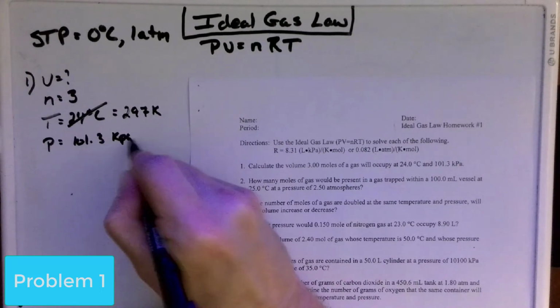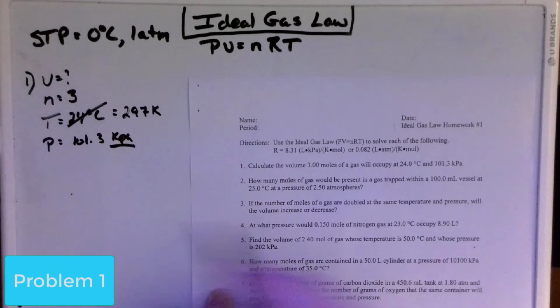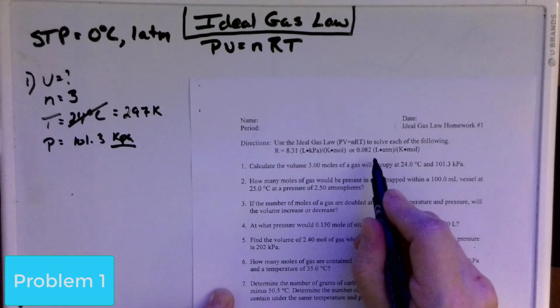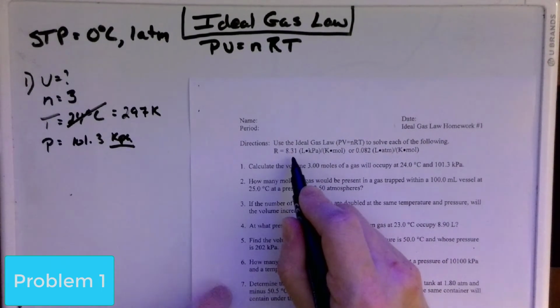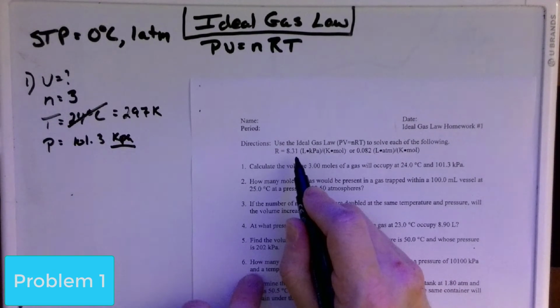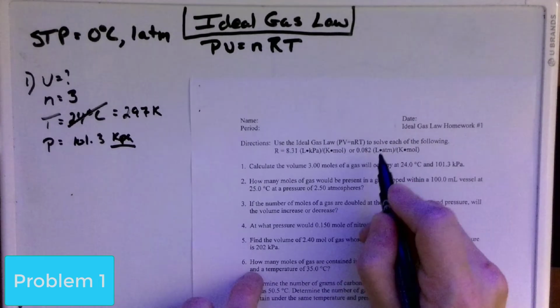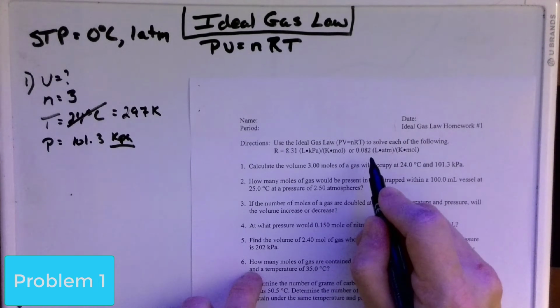Our pressure is going to dictate our R value. Because this is given in kilopascals, I must use the kilopascal pressure, or R value, which is 8.31. Both the R values given this assignment are rounded a tiny bit. The full value is 8.314, and the R value for atmospheres is actually 0.08206.